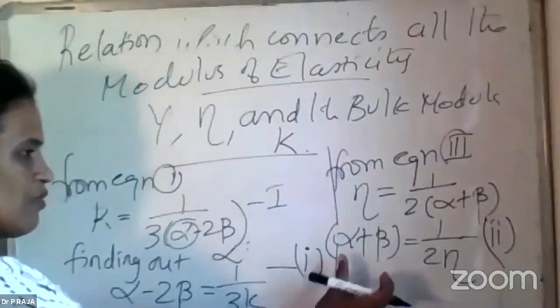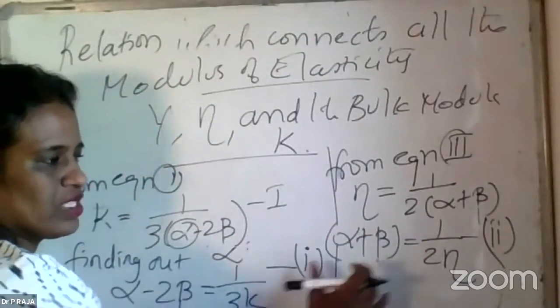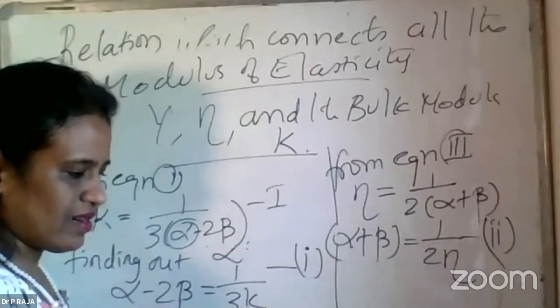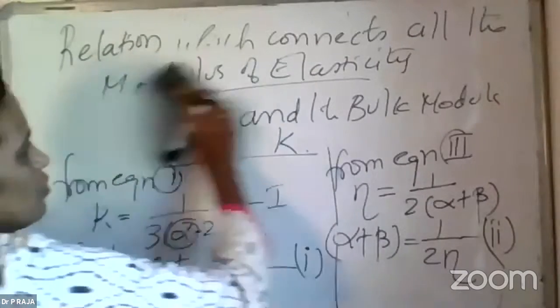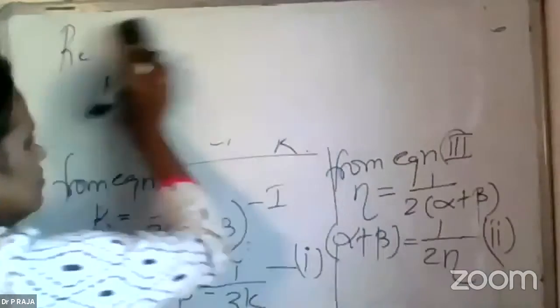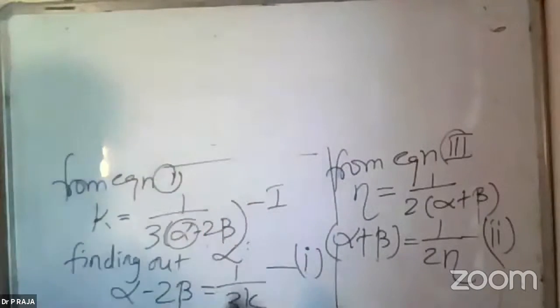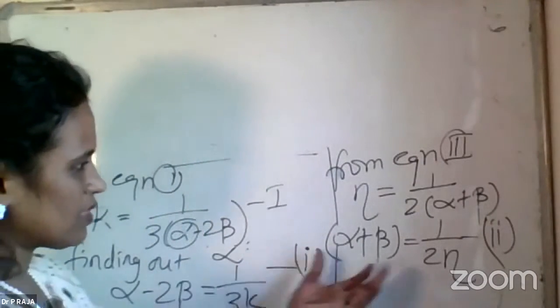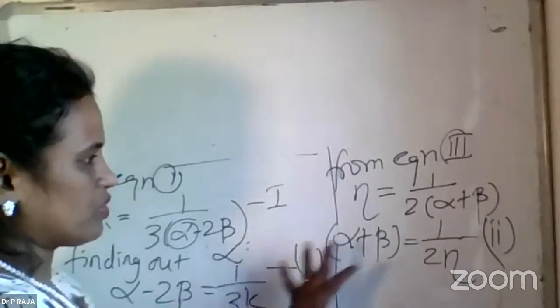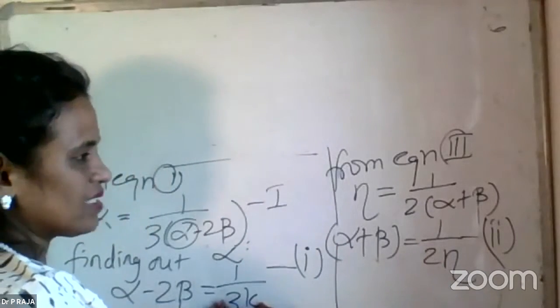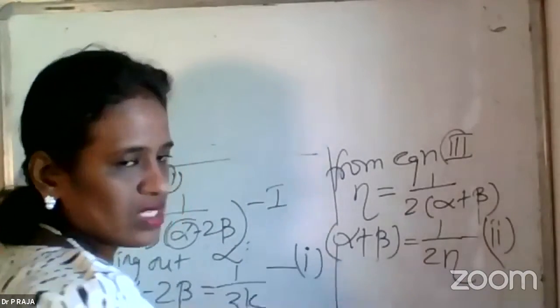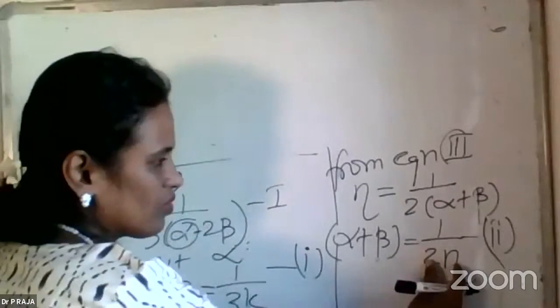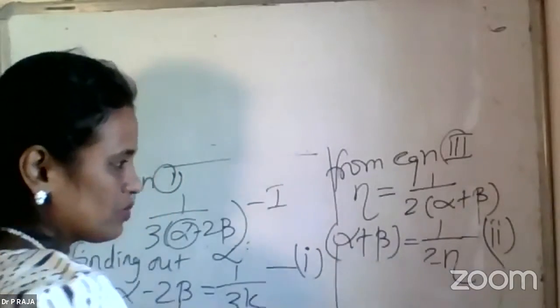Now I am going to add up these two equations on the left hand side and the right hand side. See here, this is alpha minus 2 beta, but alpha and beta are separated on both sides, with K on one side and eta on the other, with 3K and 2 eta in the denominators.